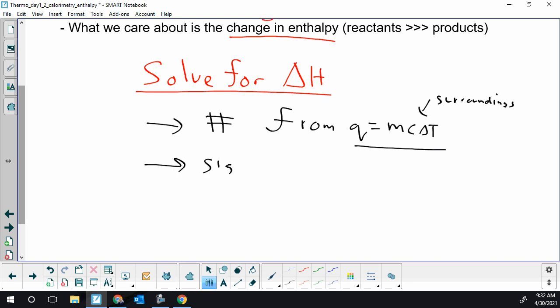Then we're going to think about the sign. Is the delta H value positive or negative? The sign is going to be negative when energy is released. This is what happens most of the time. All combustion reactions are energy released reactions.